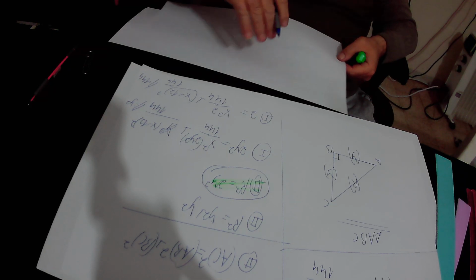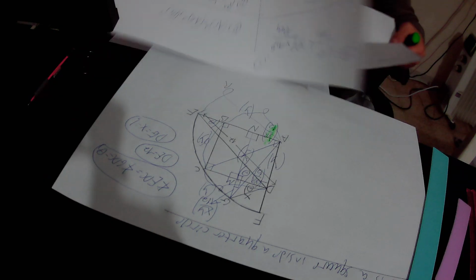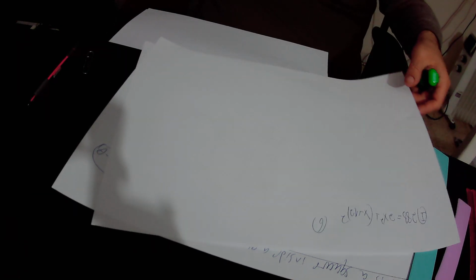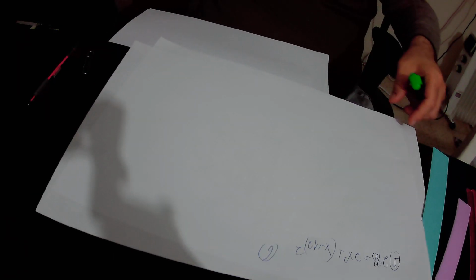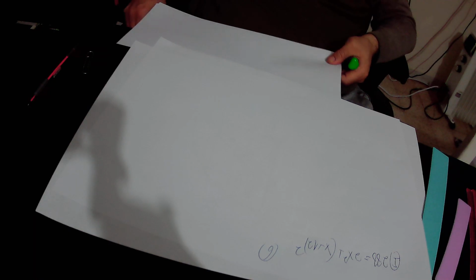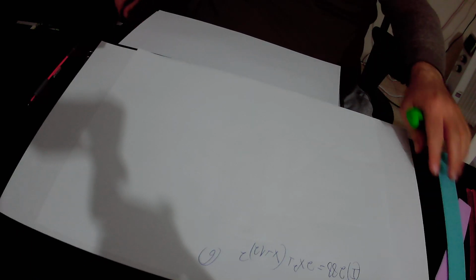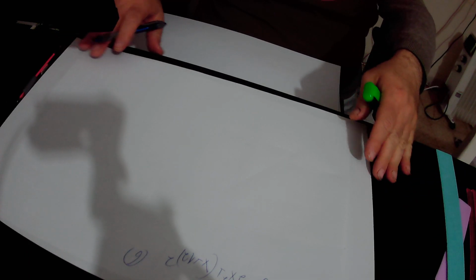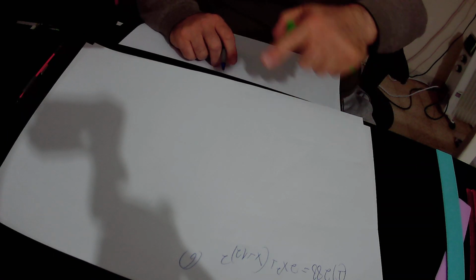So we can find out that according to equation 1, 288 equals 2x squared plus (x plus 12) squared.